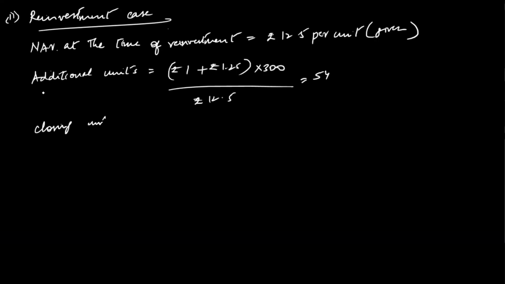So, closing units is equal to opening units plus additional units, that is 300 plus 54, that is 354. Right?